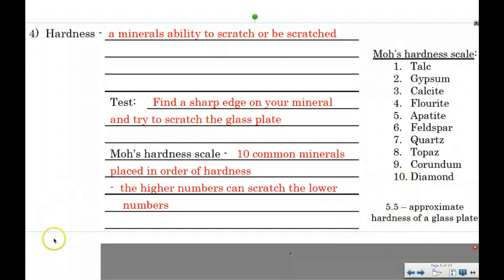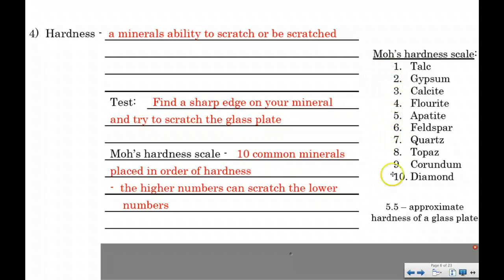The glass plate is at about 5.5 on what's called the Mohs hardness scale. Mohs was a geologist who looked at all these minerals, and he came up with a scale, and each one of these minerals on the scale is at each of these numbers.